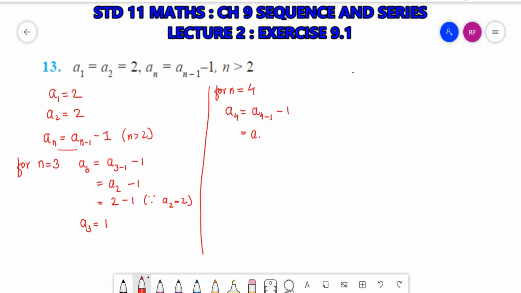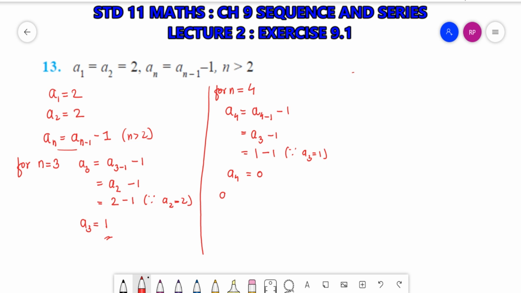Now we put the value of a3, which we have found as 1, minus 1, because a3 is equal to 1. So 1 minus 1 is equal to 0. So the value of the fourth term a4 is equal to 0. Okay, so this is about the fourth term. Now let's find out the fifth, which is the last term.